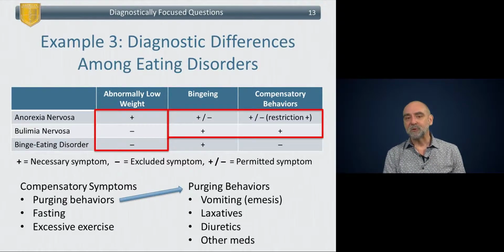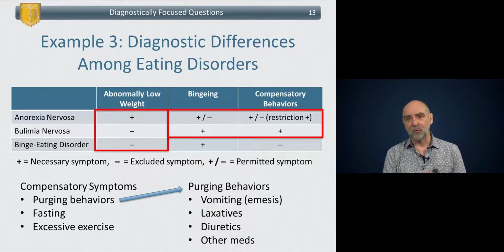By the way, since we're here, let's review the definitions. What are compensatory symptoms? They're purging behaviors, fasting, and excessive exercise, right? So anorexia does talk about fasting and abnormally low weight. And then, of course, purging behaviors include several different types. It's not just vomiting, although that's a common one, but also abuse of different substances in order to purge, right?